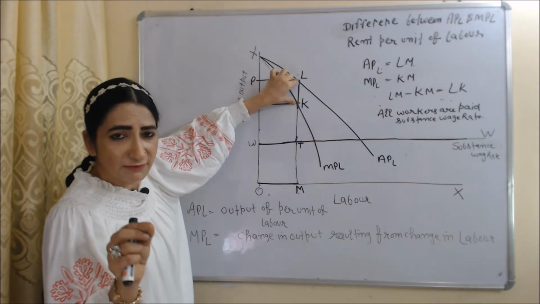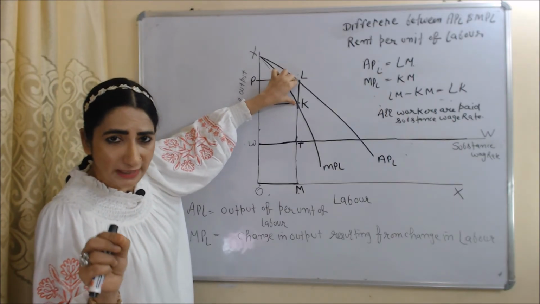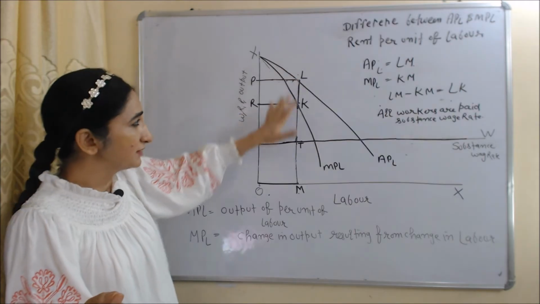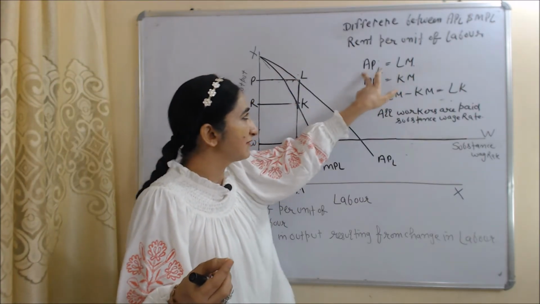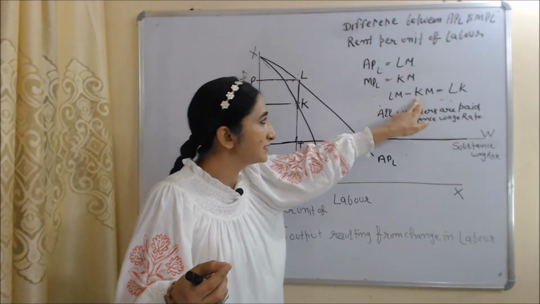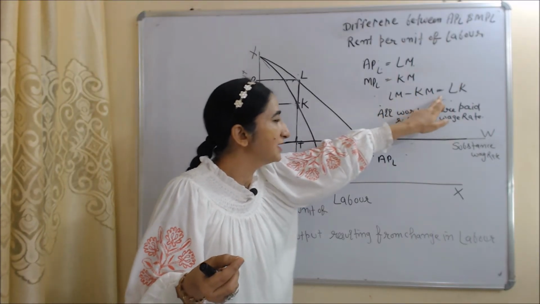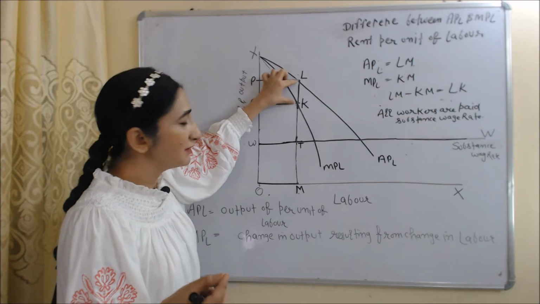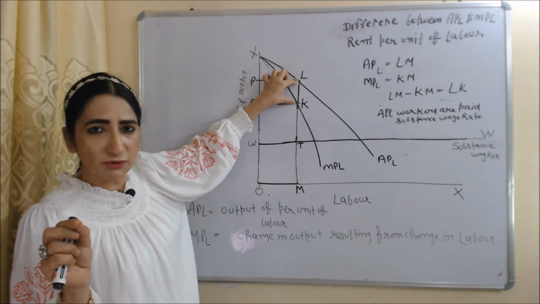So this Lk will be called our per unit of rent. Please listen carefully. When we subtract Km from Lm, remaining part Lk will be called rent per unit of labor.